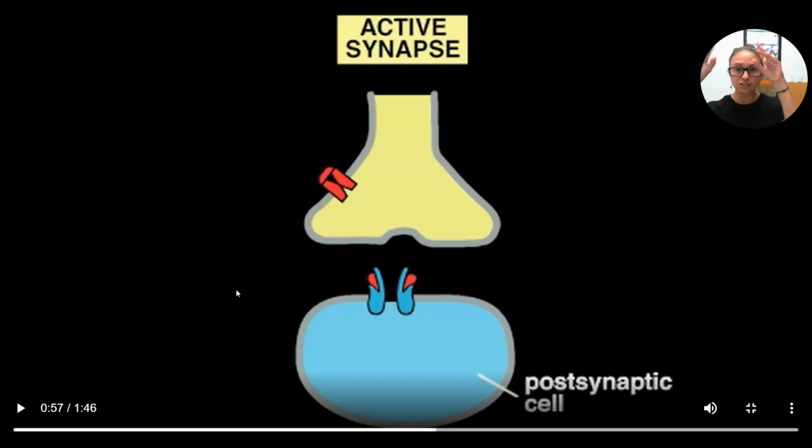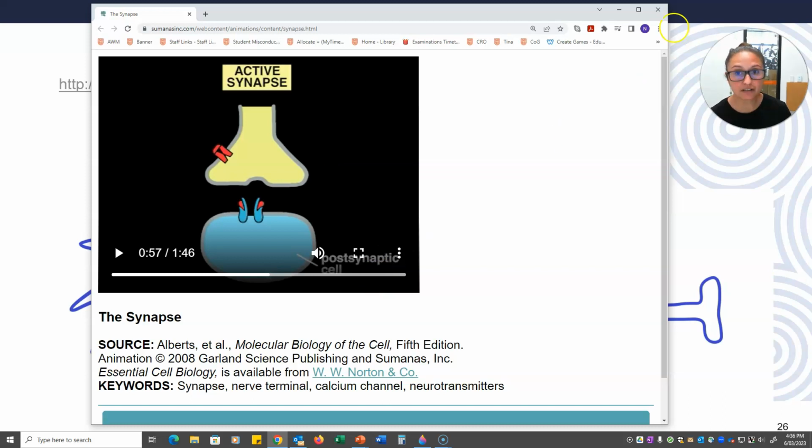Once the neurotransmitter diffuses to the dendrite of the next neuron, it causes a protein channel to open, and that allows ions into the next neuron. And that is essentially how it works.